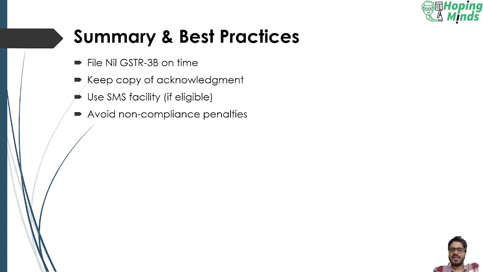For example, if the month is May and the year is 2025, then he should write 052025 and send it to 14409. The nil return will be filed after confirming through an OTP.